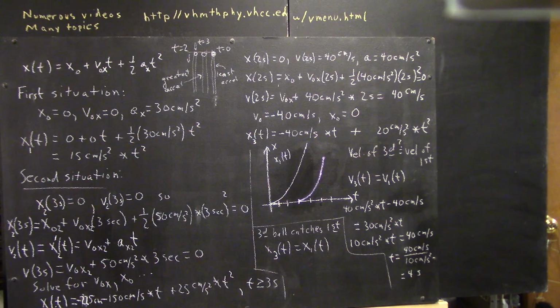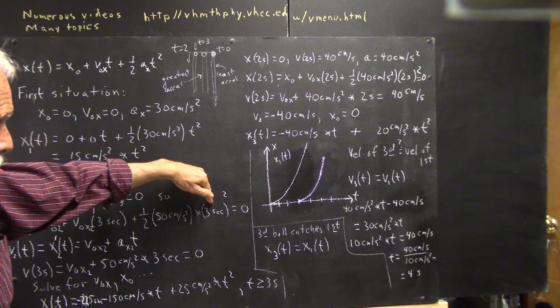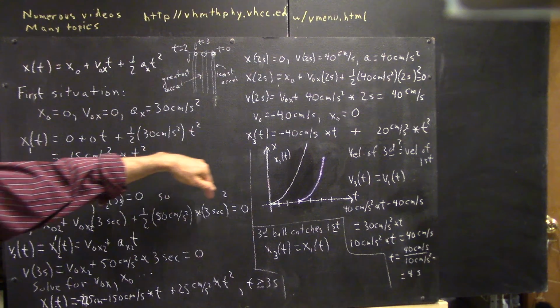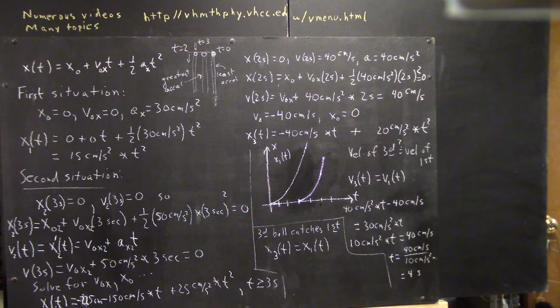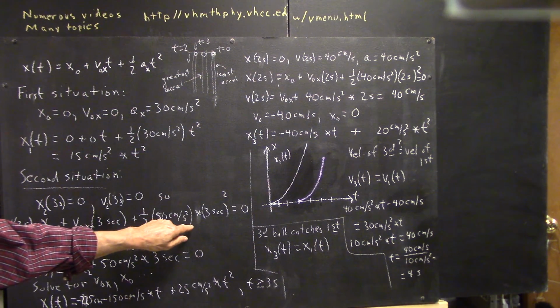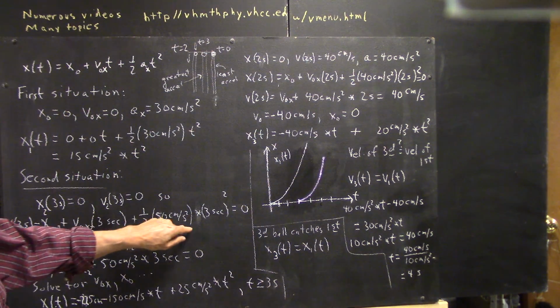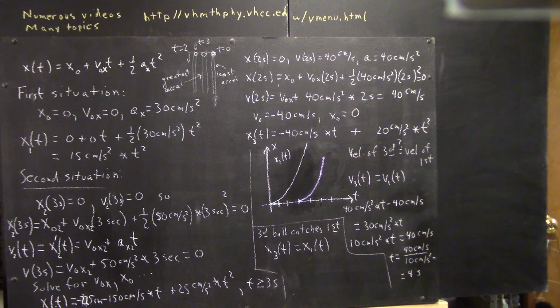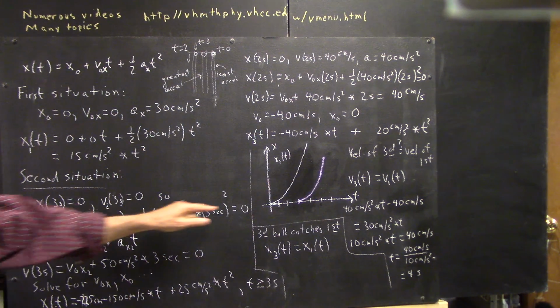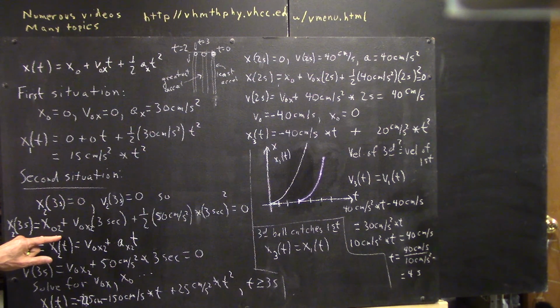And here we're going to get what? That's going to be 9 times 25, 225 centimeters. So we have negative 450 and plus 225 centimeters. All these have to add up to 0, which means x02 has to be negative 225 centimeters.